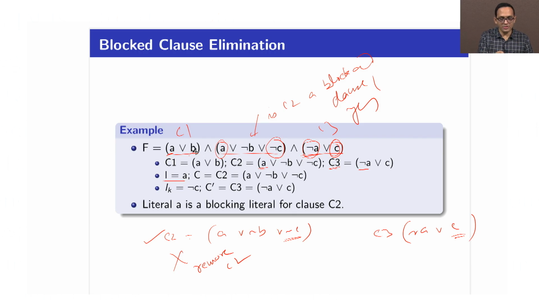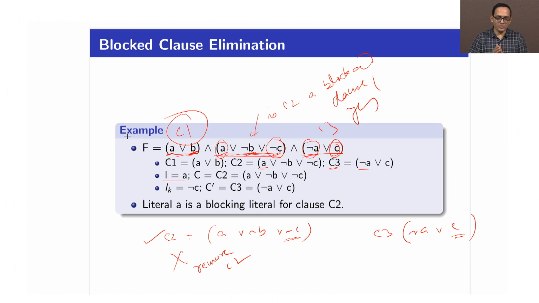If I now consider B, B is here and not B here, so that can be a potential blocking literal, but it has A and not C, and it does not have not A or C here. So I cannot say that B is blocking this. So C1 is not a blocked clause, and we cannot remove C1 using blocked clause elimination.